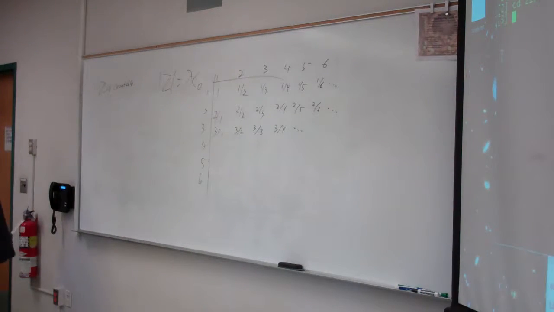And if we can order something, then it's countable. The one-to-one correspondence is the integer 1 maps to the first thing in our ordering, the integer 2 maps to the second thing in our ordering, and so on.